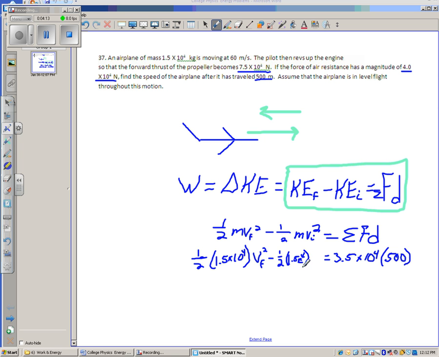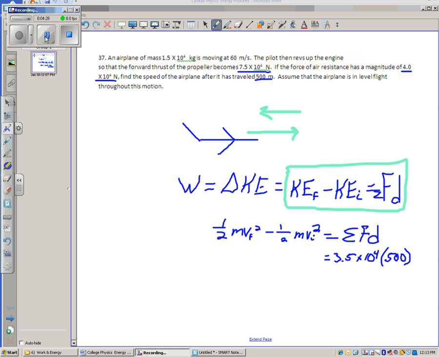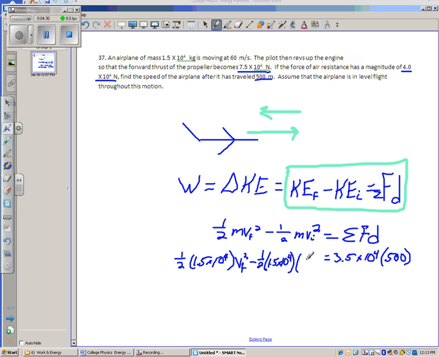Just wrote e to the fourth to abbreviate, because that's the mass. Let me write this out a little bit neater here. 60, so we're going to square that. So now that we got all those numbers in there, we have all of our variables except for v final. So we kind of have to multiply all that out and then get our final answer.